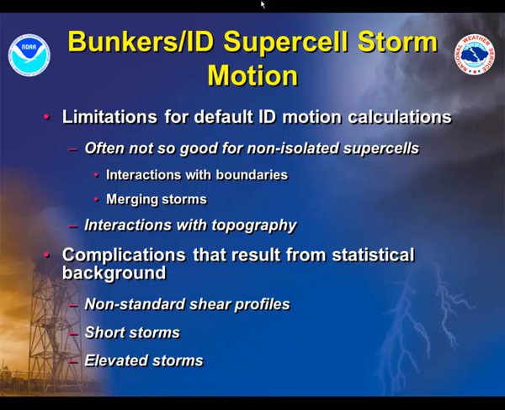Although it's a physically based method, the results fell out of statistics, looking at a large number of supercells, and those storms and environments that fell well outside the mean may result in motions that we don't expect. Non-standard shear profiles, shallow storms, elevated storms don't necessarily fit or aren't in the database in a large enough manner that the average method for calculating the storm motion works really well for those.